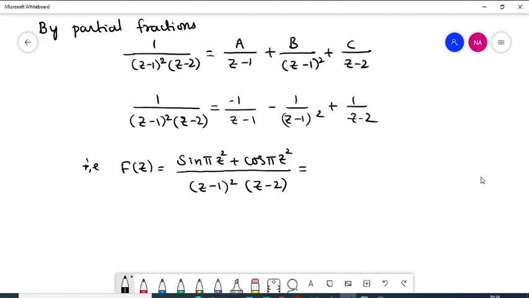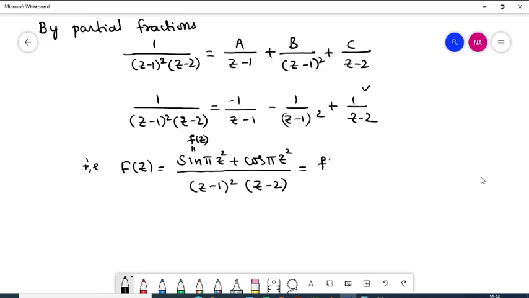sin pi z square plus cos pi z square divided by, this is going to be very lengthy, so call this f of z, call it f of z.